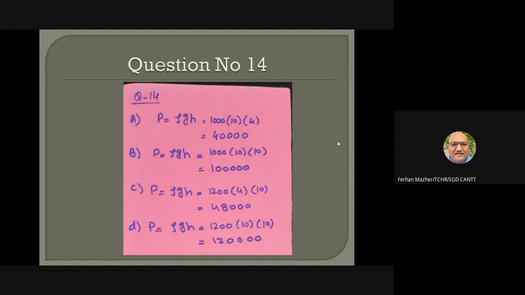In the B option, we have 1000 multiplied by 10 multiplied by 10, so you got 100,000. In the C option, 1200 is the density, then 4 and 10, so you got 48,000. In the D option, 1200 is the density, g value is 10, and h value is 10. You multiply and get 120,000. So the greatest pressure is, I think, option D, 120,000 Pascal.